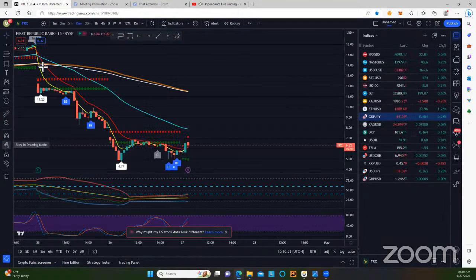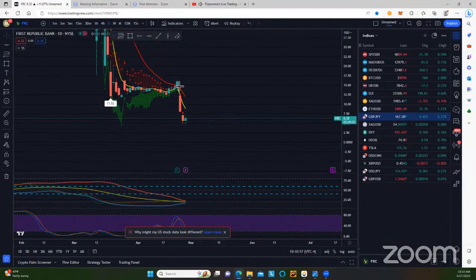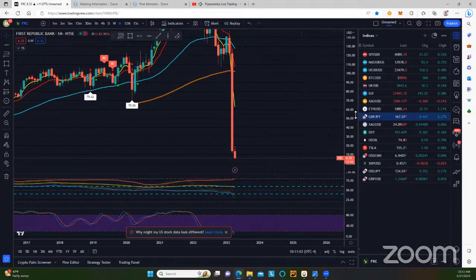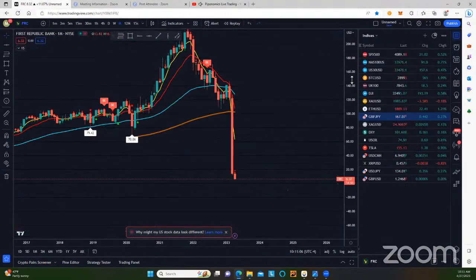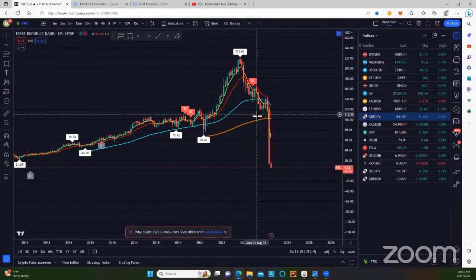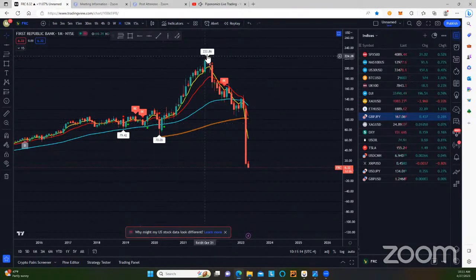It's the First Republic Bank. And if I was to look at this from a daily chart, maybe even a monthly. Look at that. You see this? It had a steady growth period and then bam.